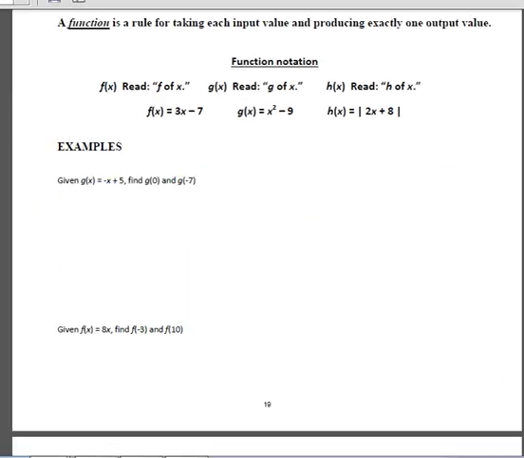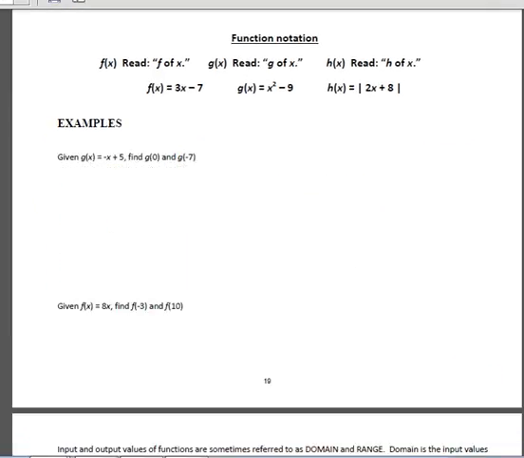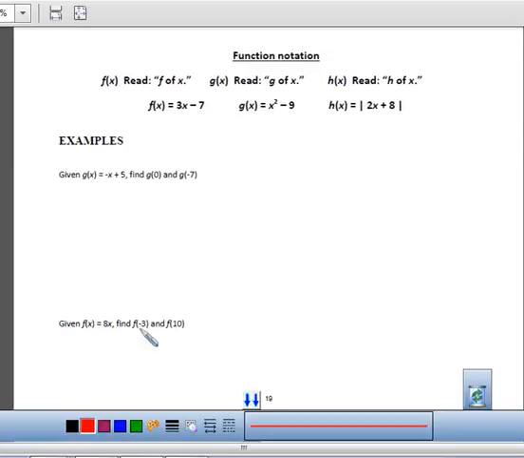Okay, now we have another example of this below. Given f of x equals 8x, find f of negative 3 and f of 10. So again, function, substitute, solve. Rewrite the original function, f of x equals 8x.